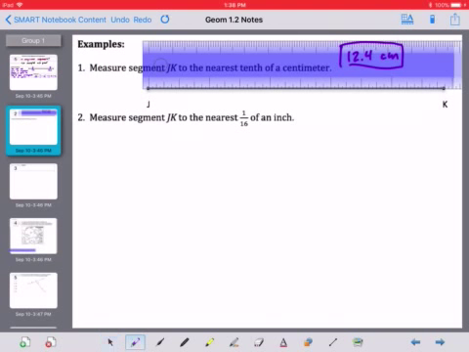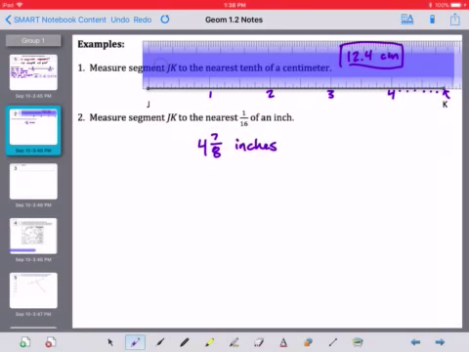We start at 0, and then we have 1 inch, 2, 3, 4. Then these tick marks here are eighths: 1, 2, 3, 4, 5, 6, 7 eighths. So in inches, it's 4 and 7/8 inches. If you need any help with that, just come find me and I can clarify that a little bit more.